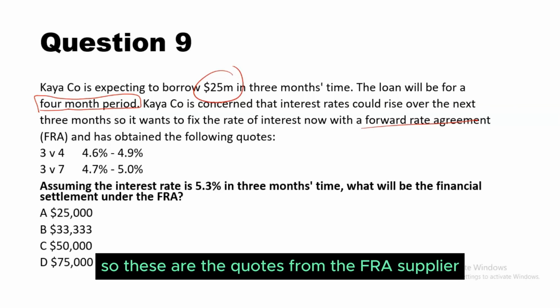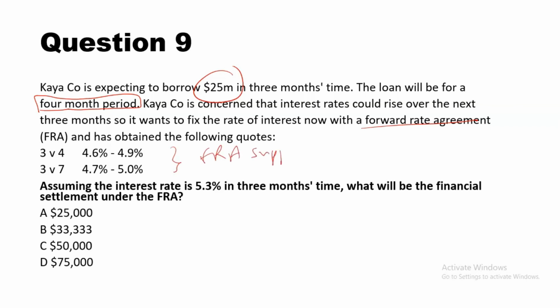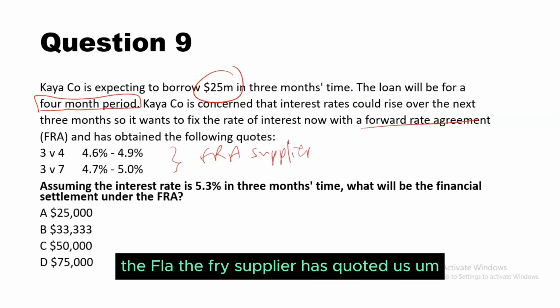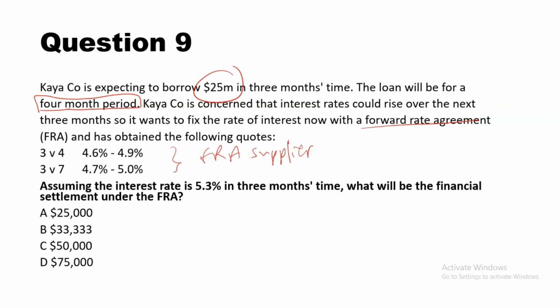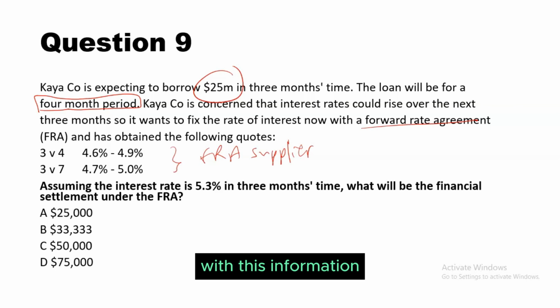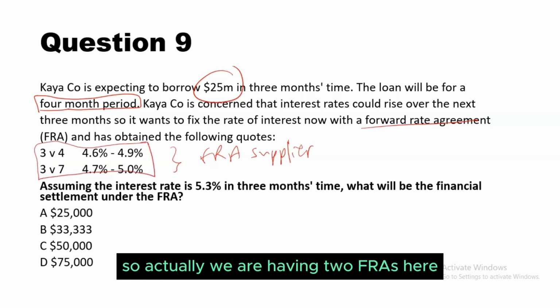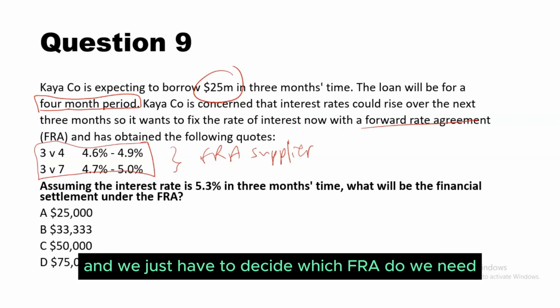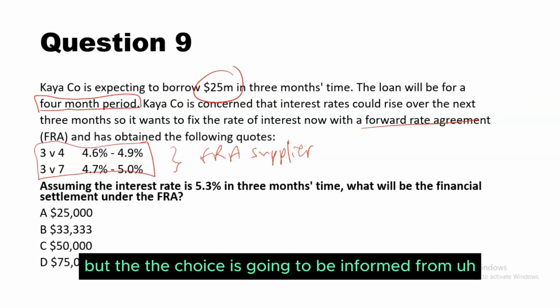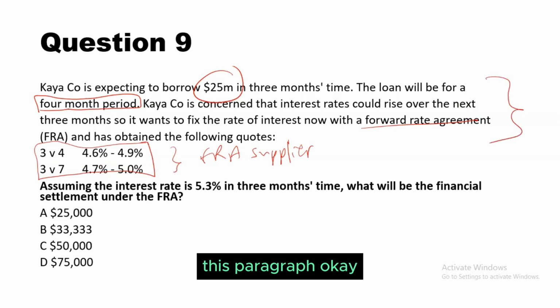So these are the quotes from the FRA supplier, with this information. So this is the information provided. So actually we are having two FRAs here, and we just have to decide which FRA we need. But the choice is going to be informed from this paragraph.